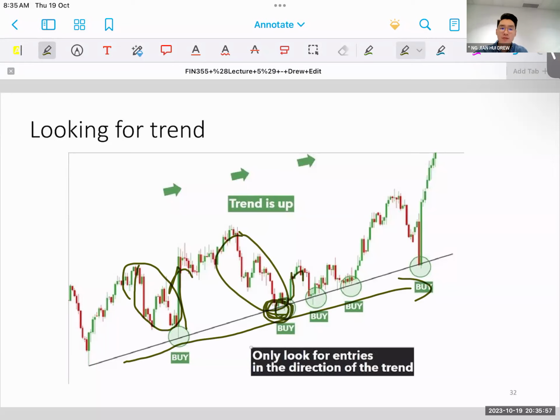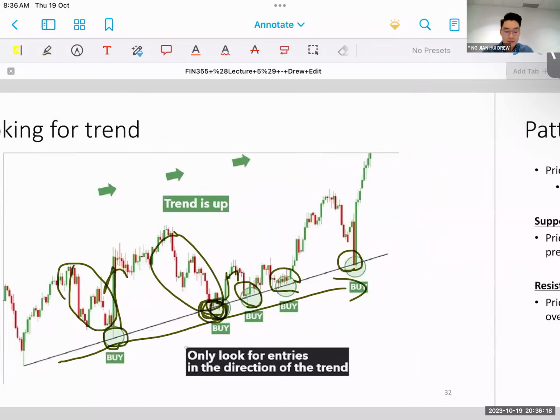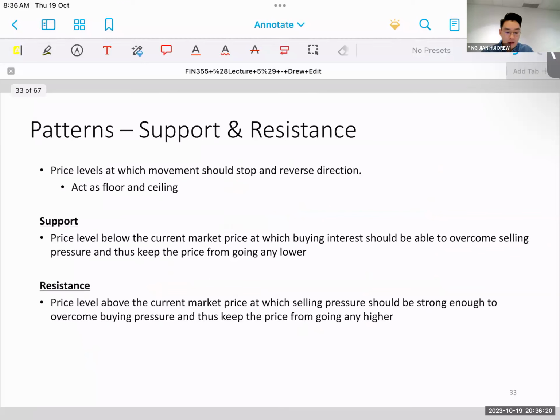So perhaps whenever we forecast and we notice a secondary movement ending, as a technical analyst, you should actually buy the stock, right? So we buy here, we buy here, we buy, whenever the secondary movement ends. Okay, so that is trend.